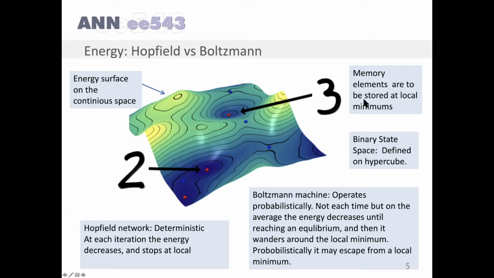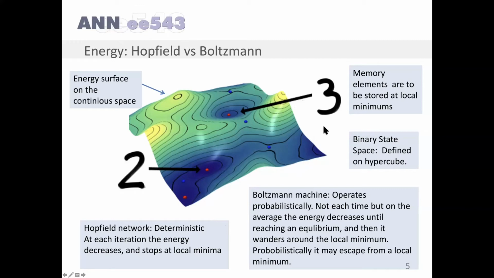Memory elements are to be stored at local minimums of the energy surface. If we are going to use discrete Hopfield network, then these local minimums are going to the corners of the hypercube. Hopfield network is deterministic. At each iteration, the energy decreases and it stops at local minima.